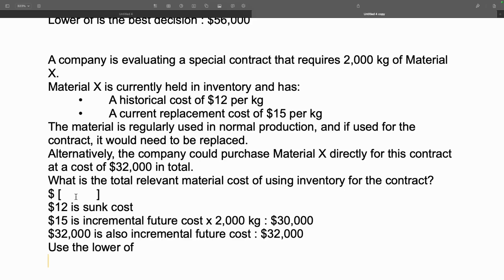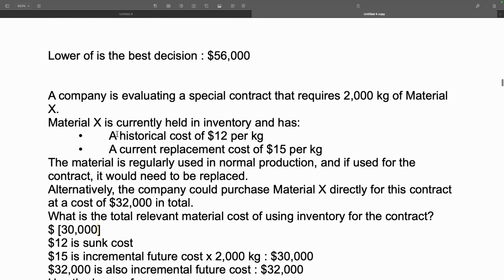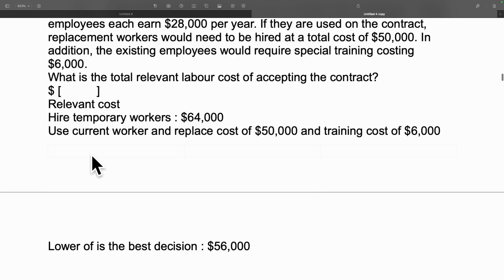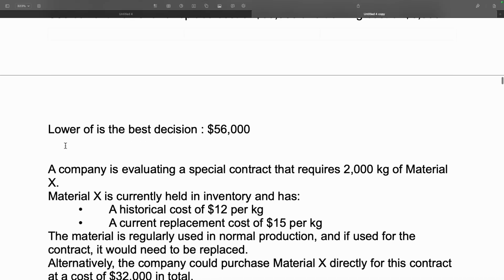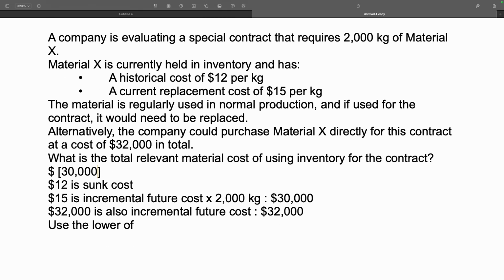Answer here is going to be 30,000. Answer here was 56,000. All of you okay?